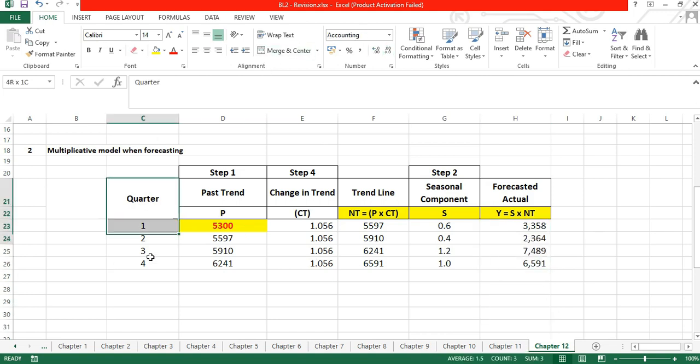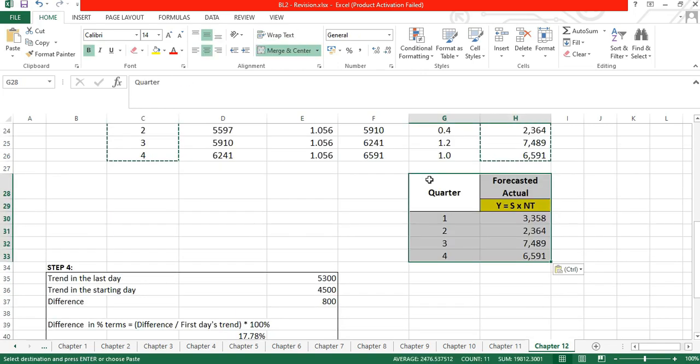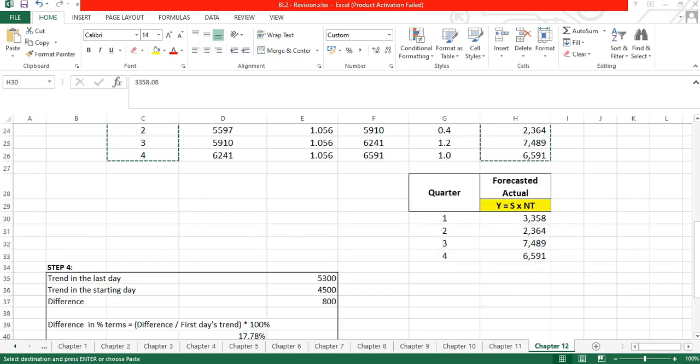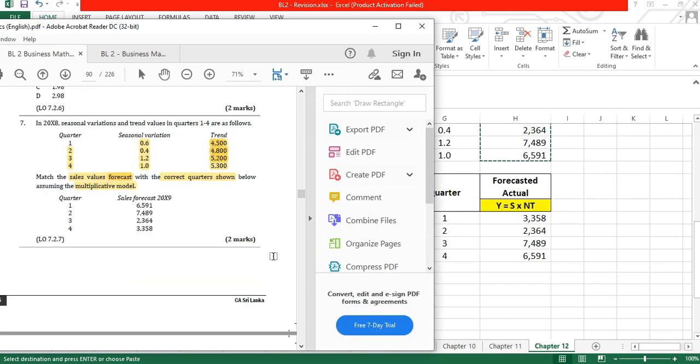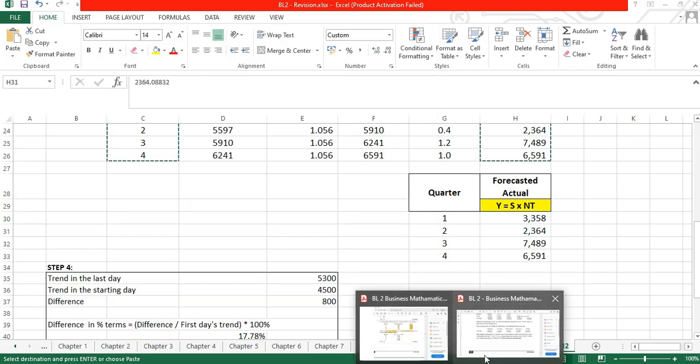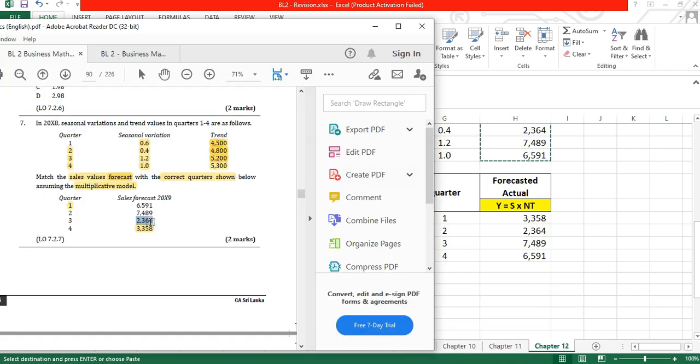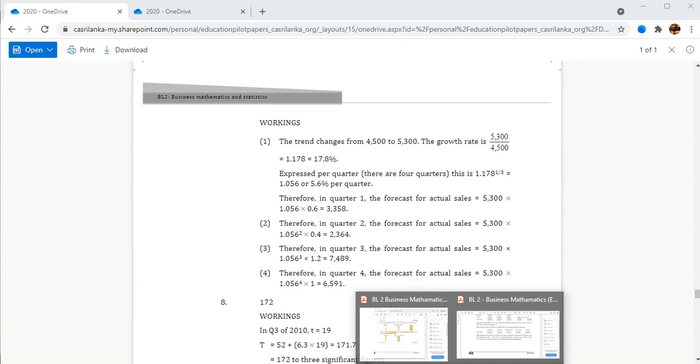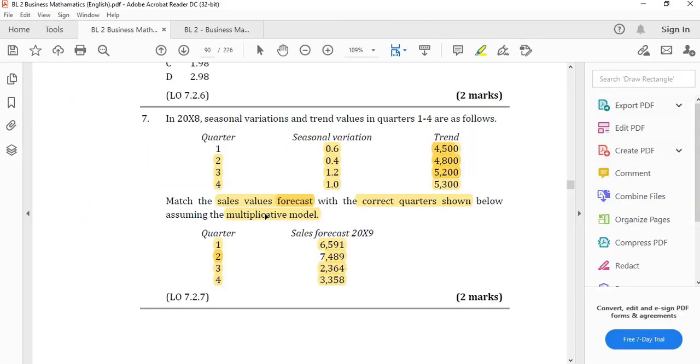In summary, quarter 1 is 3358. 2364 is quarter 2's item. 7489 is quarter 3's item. And 6591 is quarter 4's item. That is what they required us to do, to match the forecast with the quarter.